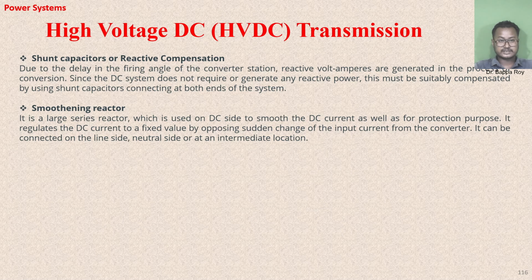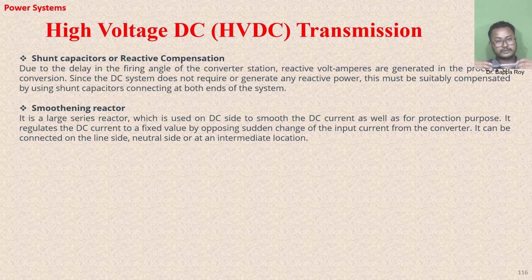So AC is coming, that means there will be reactive power, but at the middle point there is the DC transmission line, so there is no reactive power. So that reactive power at the sending end and at the receiving end, because of the converters, to suppress that, we are using shunt capacitors.